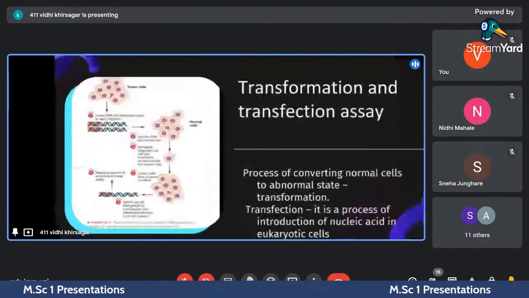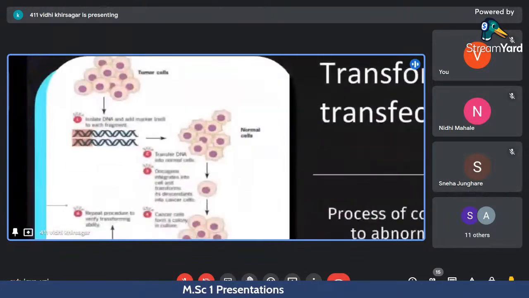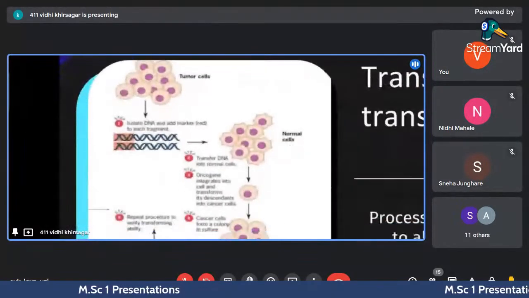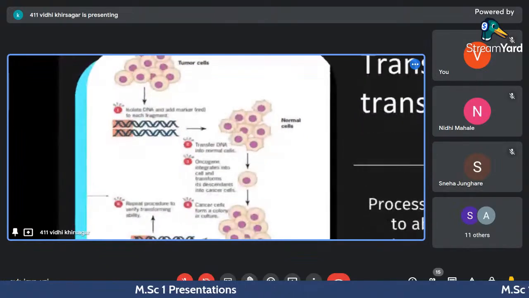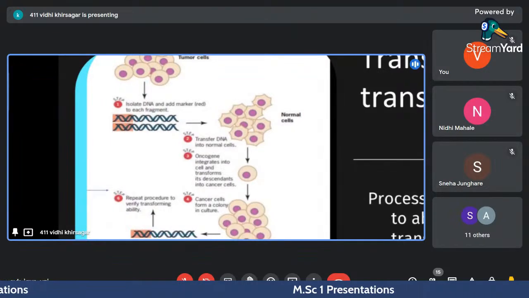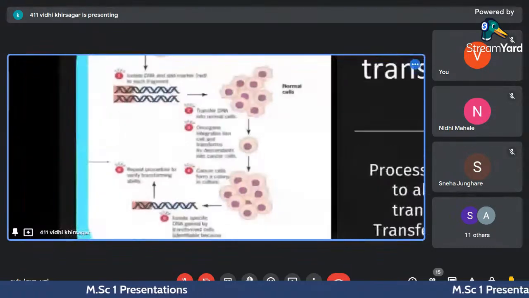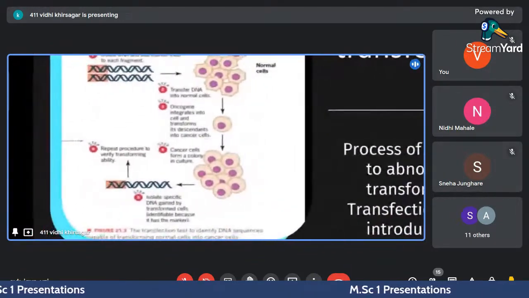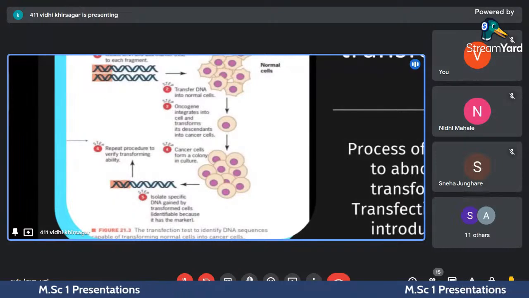To understand this transfection process, we will first look at the diagram. In this transfection process, the tumor cells containing DNA were marked with markers. This marked tumor DNA was then isolated and transferred into normal cells, and they were allowed to grow for next generations.